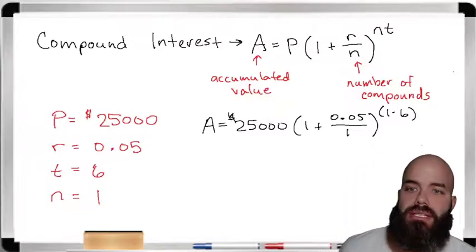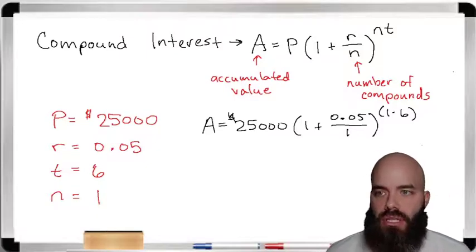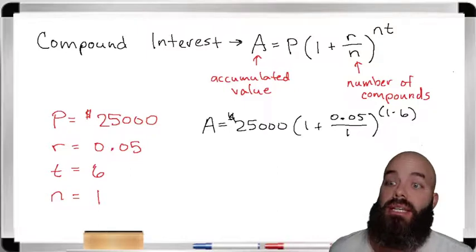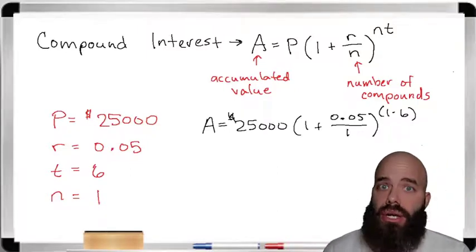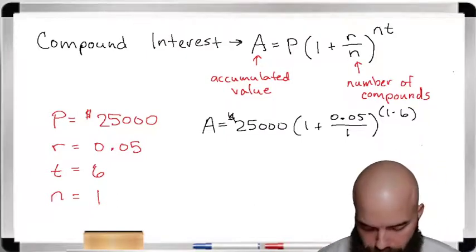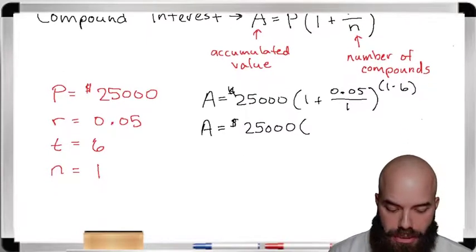So that's everything set up. Now, whenever your n is a 1, we know anything divided by 1 is itself. Anything times 1 is itself. So I can go ahead and simplify the way this is written a little bit. I could say, okay, well, 0.05 divided by 1 is 0.05.